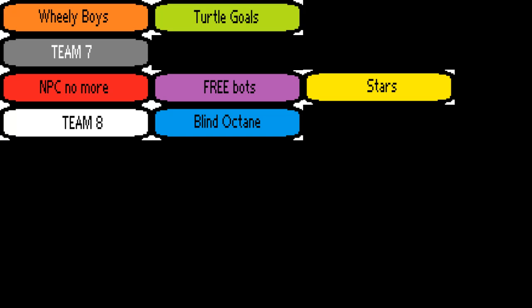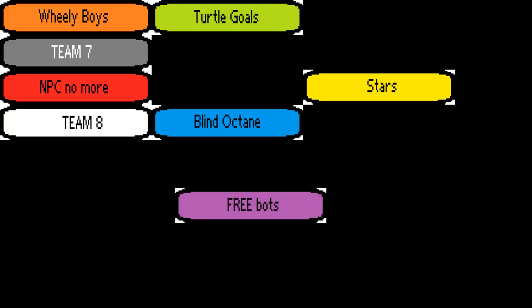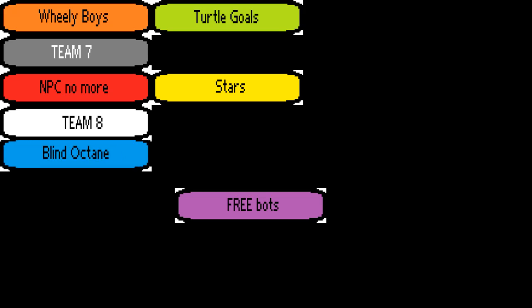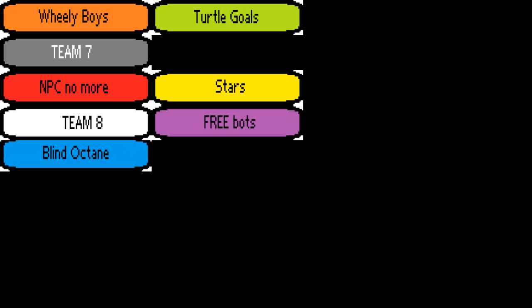NPC, there you go, and then pull these out. So NPC and Stars are tied for 7 now, point-wise. And then you have the 2-way for Freebots and Team 8, and then you have Blind Octane in last place. So this is the new standings point-wise. Let's lock these in positions. There we are.